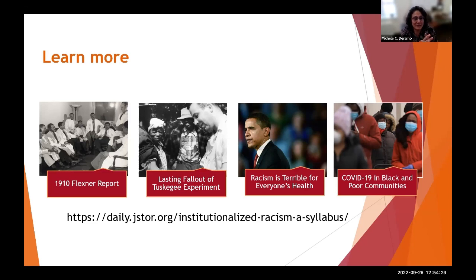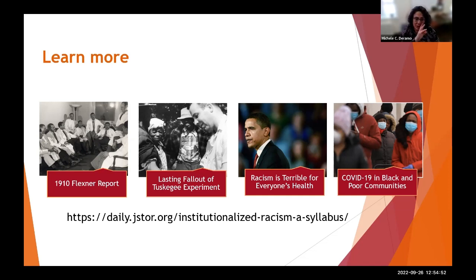Anyhow, I looked at the institutionalized racism syllabus, and I thought there were 4 articles in there that were of particular interest to people in medical and health professions. Okay, each of these are about doing race, but specifically doing race in health and medicine. So there was an article about the Flexner report.